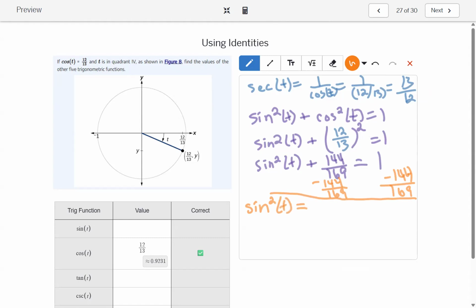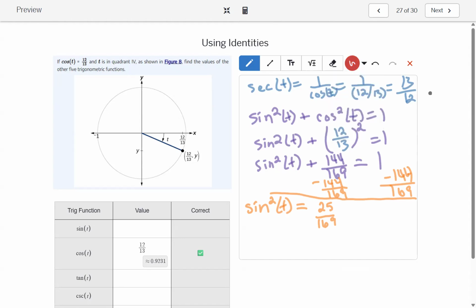So can someone crunch up what 1 whole minus this fraction is? I know it'll be over 169. Yep. So sine squared of t is the same as 25 over 169.